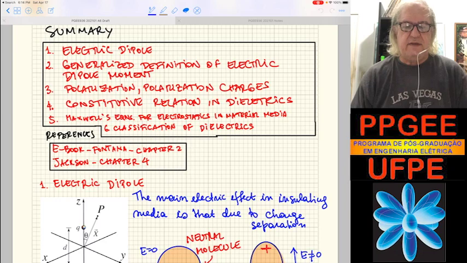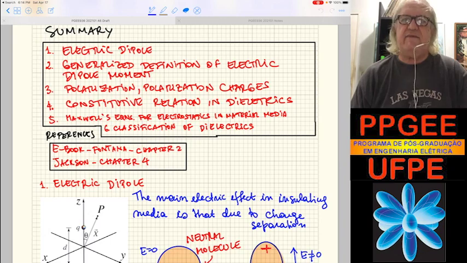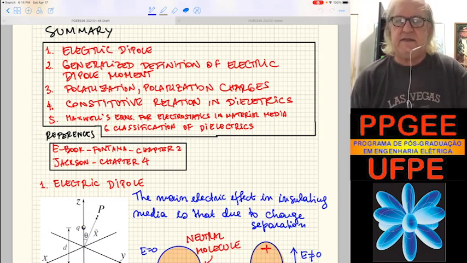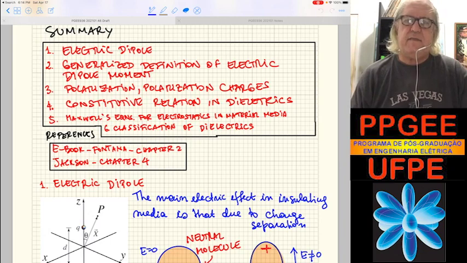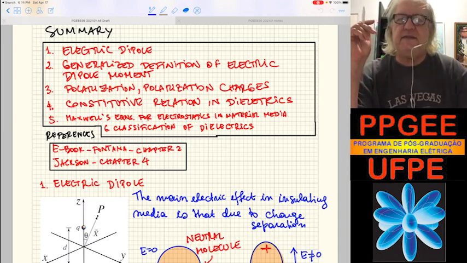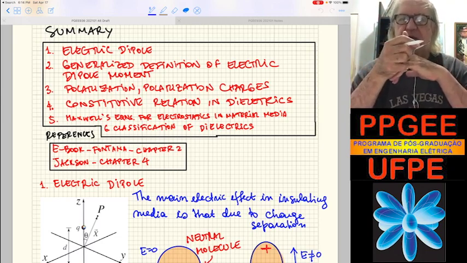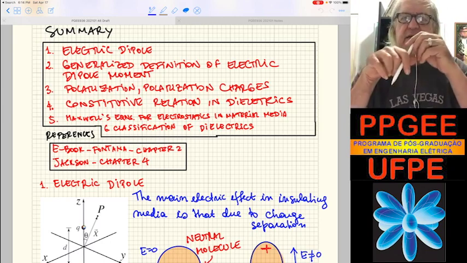For an insulator, we have atoms or molecules that are neutral in principle, right? Uncharged. But you can have spatial separation of charges, either naturally or by an external field. And if you have an ordered separation of charges of the different atoms, you might have a macroscopic effect.